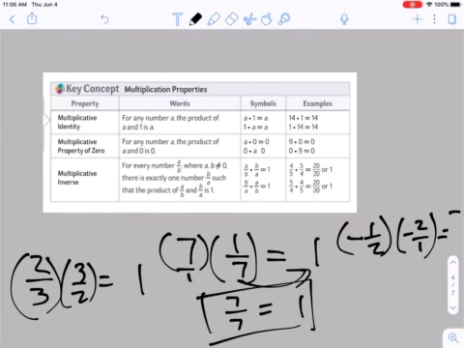That gives you 2 over 2, and that's equal to 1. So for multiplicative inverse, just think of reciprocals. Think of reciprocals when you're multiplying, and then you'll be in good shape. All right, we're going to pause the video, and then we're going to come back with part 2, and we're going to put some of these in action.